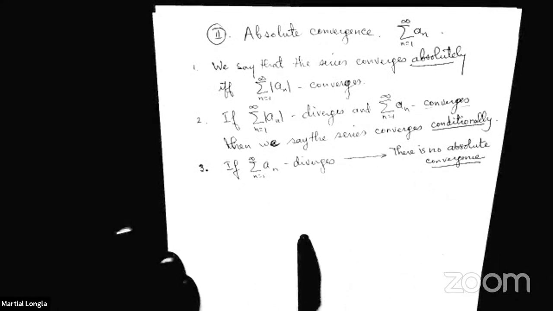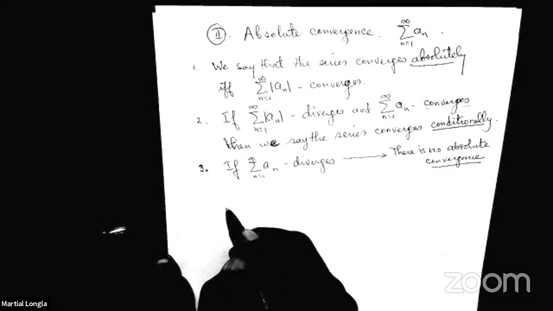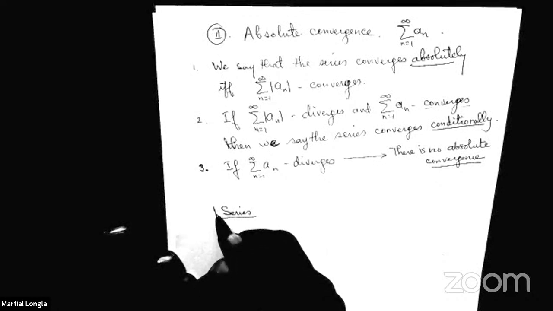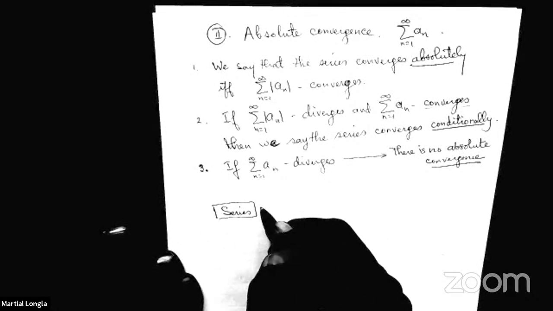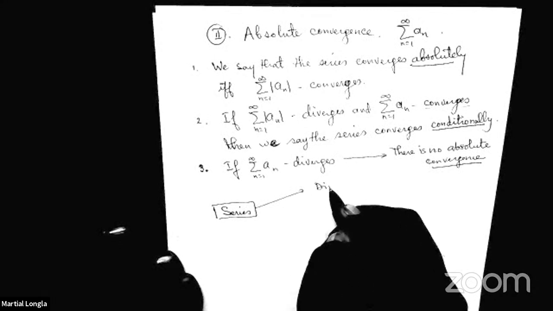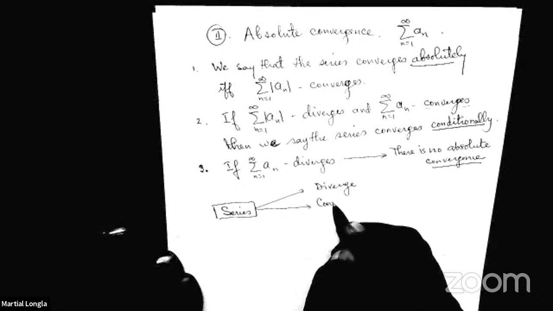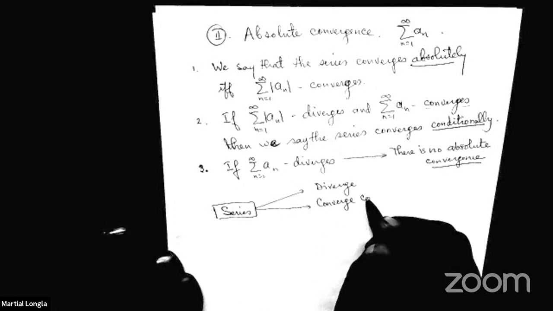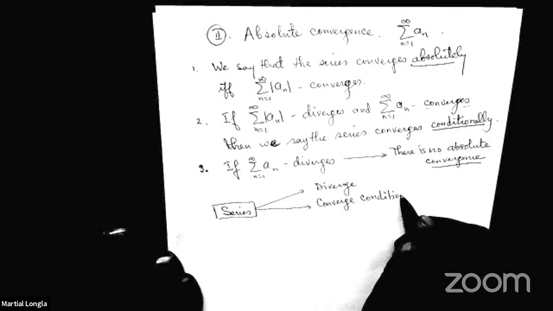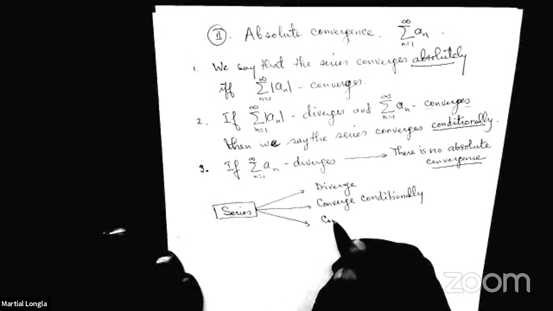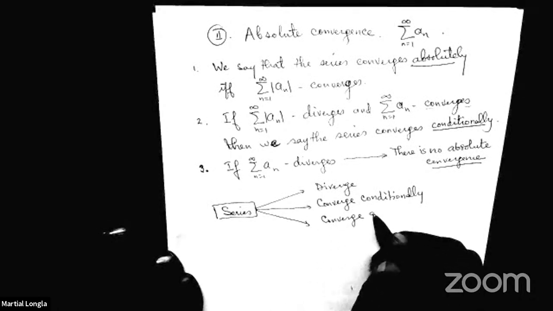So when you have a series from now on in this class, you have three options. If I give you a series in this class, the series might diverge, it might converge conditionally, or it might converge absolutely.